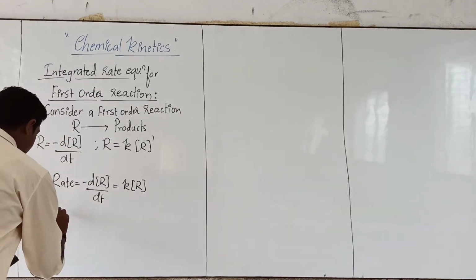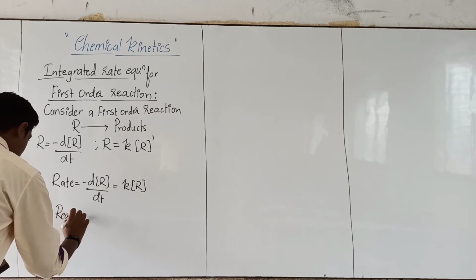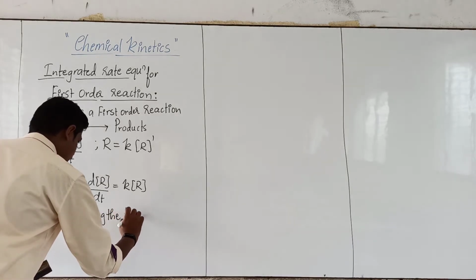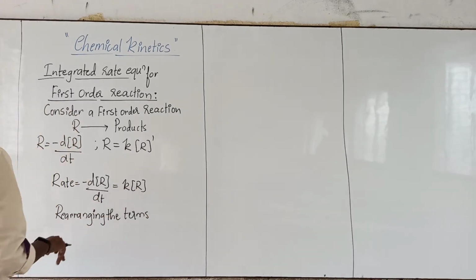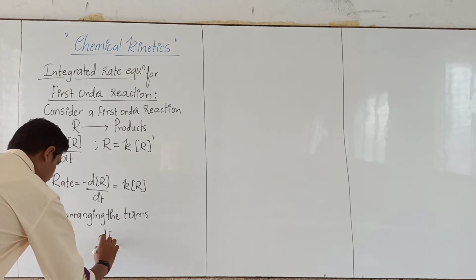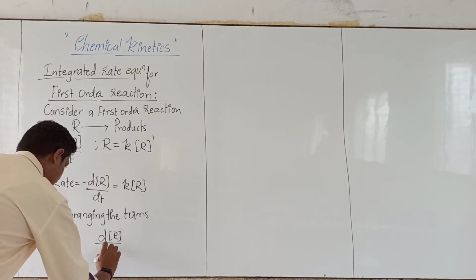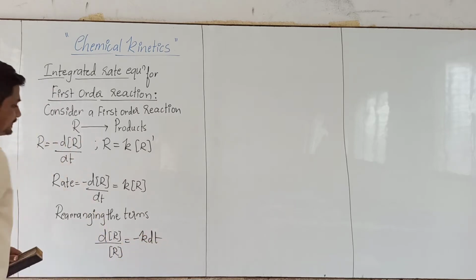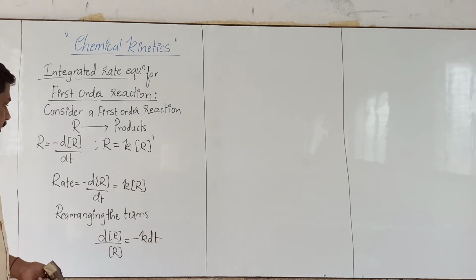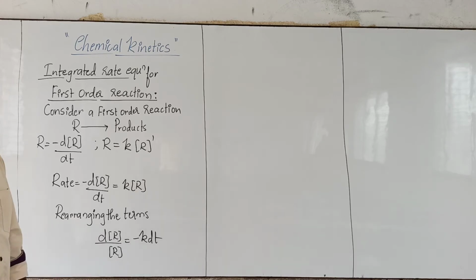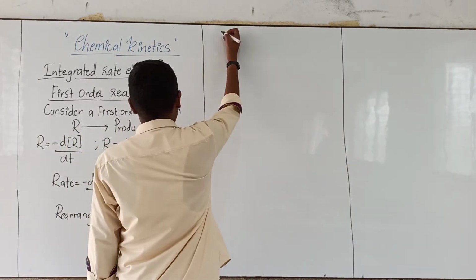Let us rearrange the terms. R I am taking this side, same terms on the same side. So I will get dR upon R is equal to minus k dt. This is our simplified differential equation. Now we have to integrate. Let us integrate.